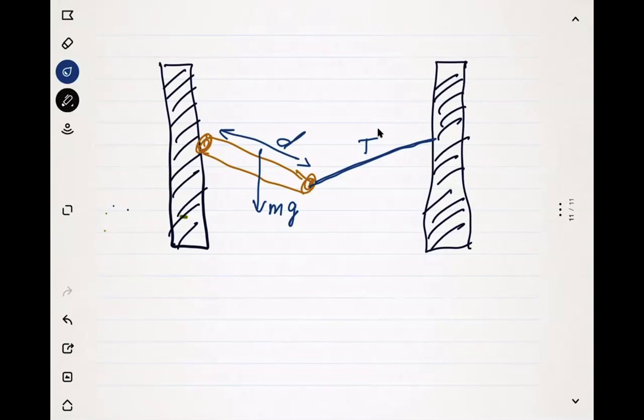And the angles which are given in this question, this is a new question, a fresh question. This angle, which is already given, is 60 degrees.